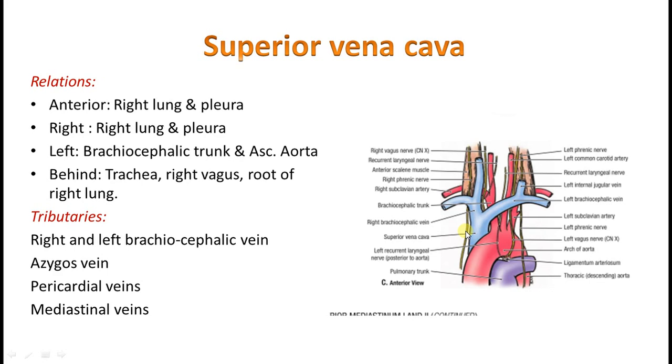Sometimes you also have a double superior vena cava, because the SVC develops from the anterior cardinal vein and the communication between the superior cardinal veins of either side. Sometimes you also have a left-sided superior vena cava.